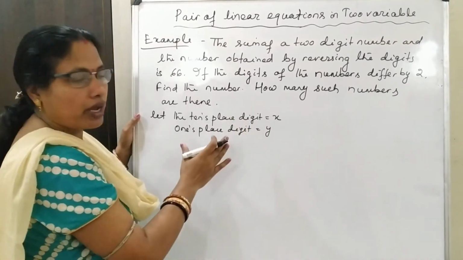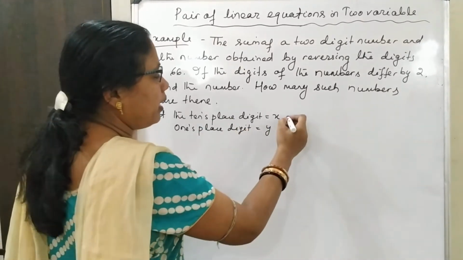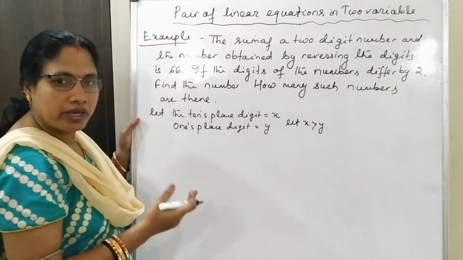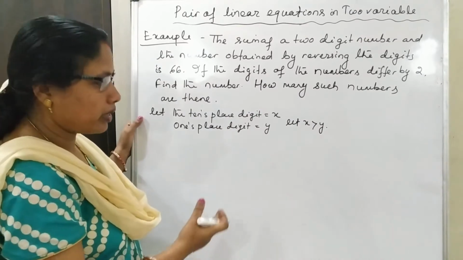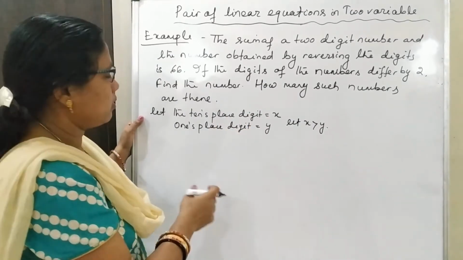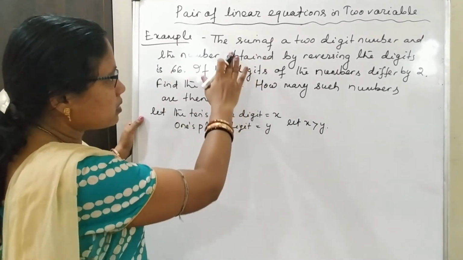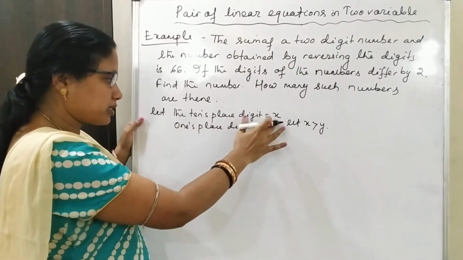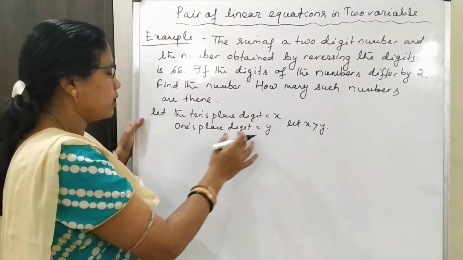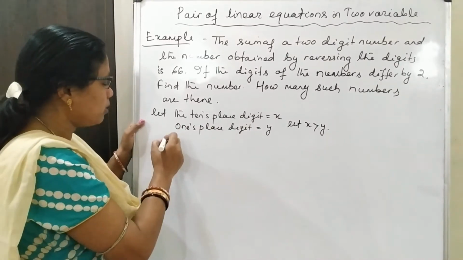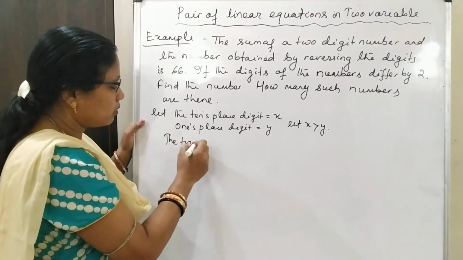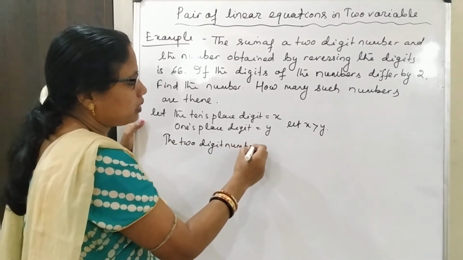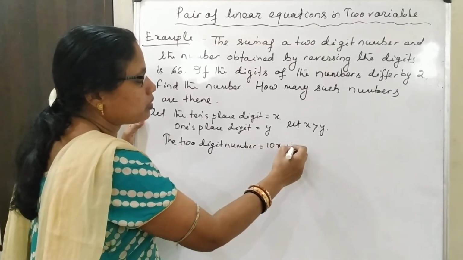So here I am assuming let x is greater than y. We can also take x is less than y, but we will discuss that later. So here in the first sentence, the sum of a two-digit number. So if tens place digit is x and ones place digit is y, then what will be the two-digit number? So the two-digit number is equal to 10x plus y.